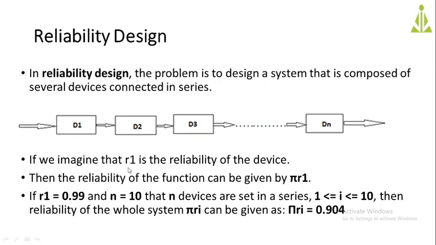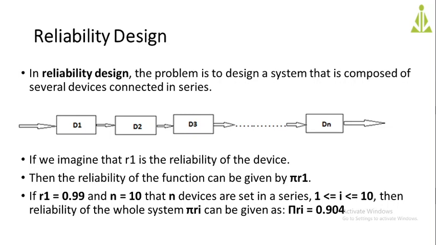If I have one device and R1 equals 0.99, it is almost 1. If we have one device, there is a chance of damage or something.